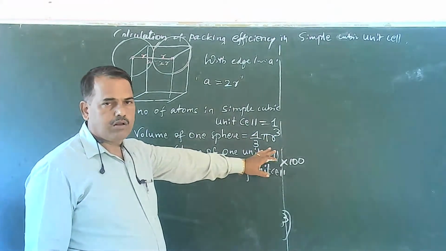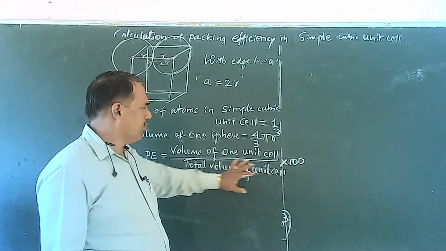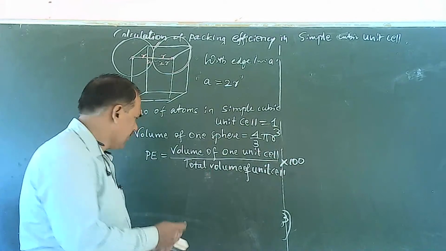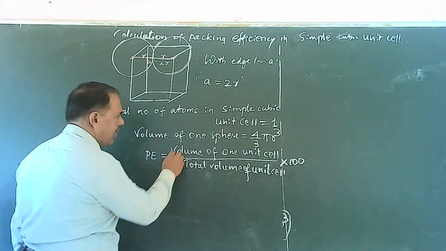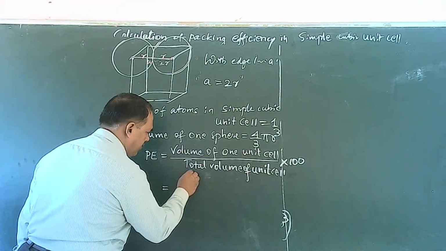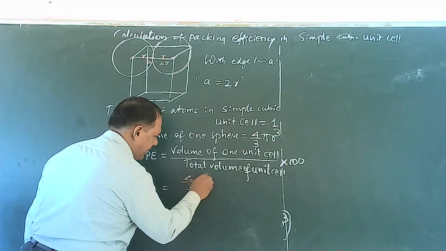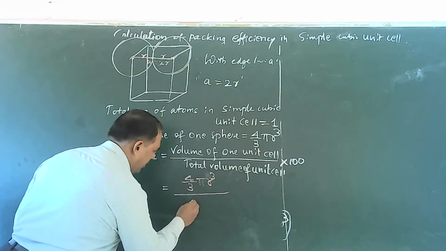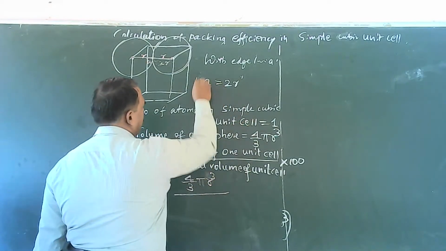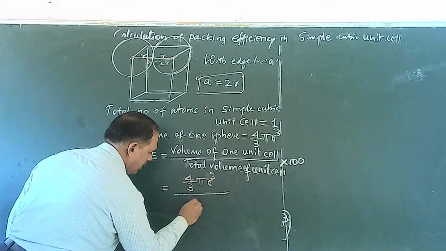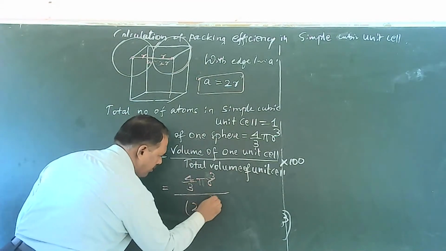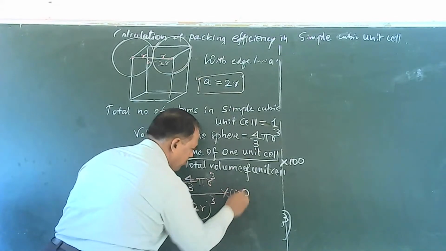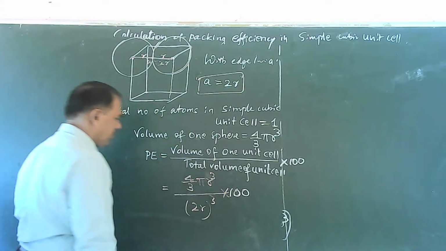So that is nothing but the packing efficiency formula. Now substitute the value. Volume occupied by atoms in the unit cell is 4 by 3 pi r cube divided by total volume. What is A here? A is equal to 2r. You already showed. So therefore it is equal to 2r the whole cube into 100.